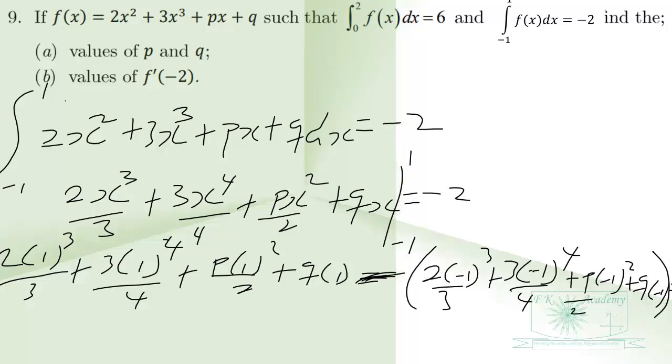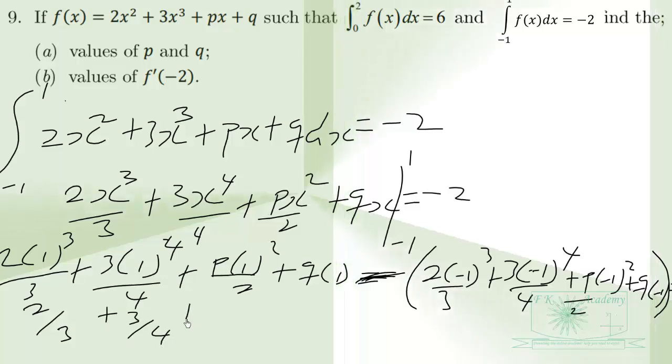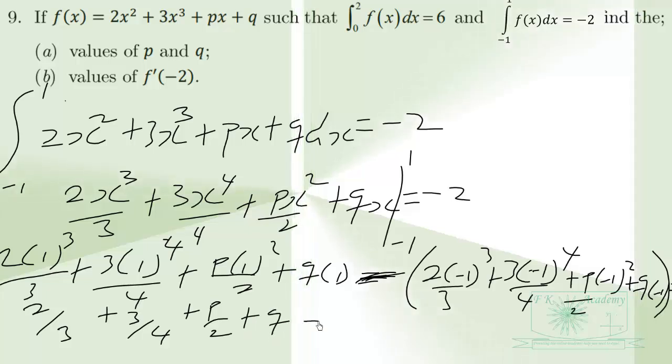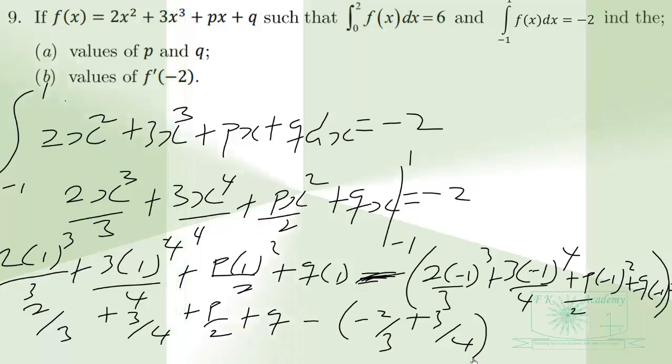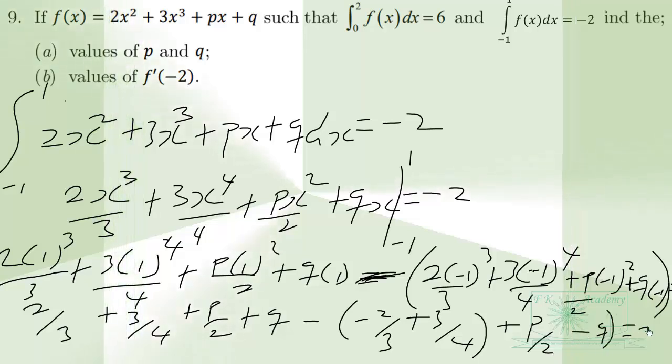Alright, so let's simplify this. This will give us 2 over 3 here plus 3 over 4 plus p over 2 plus q, minus, negative 2 over 3 here, then plus 3 over 4, then plus p over 2, then minus q is equal to negative 2.